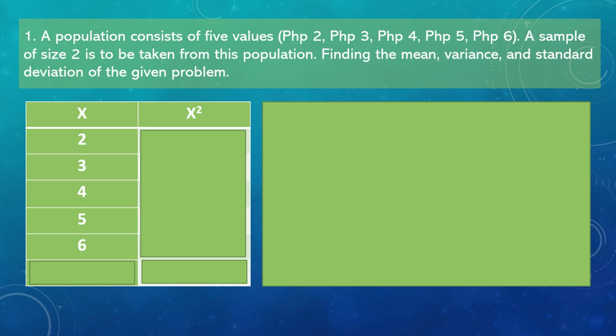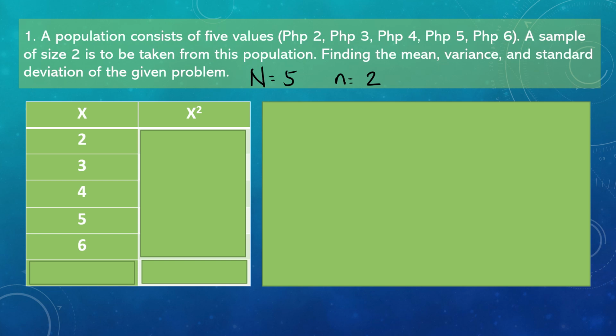We're going to start by identifying capital N, the population size, and n, which we denote as our sample size. So the population size is 5 and our sample size is 2. After that, the first thing we need to do is find the population mean, population variance, and population standard deviation.